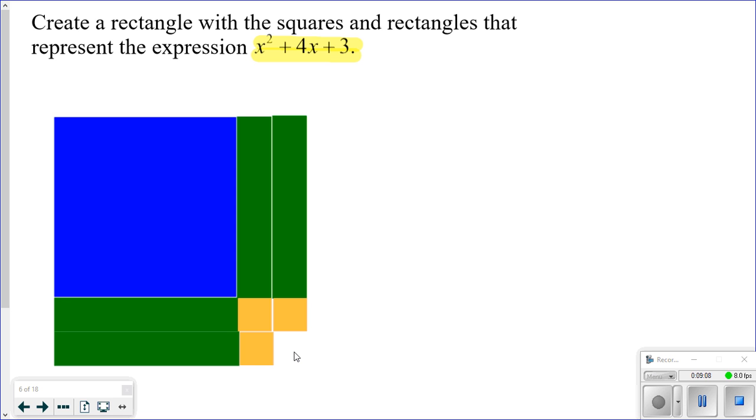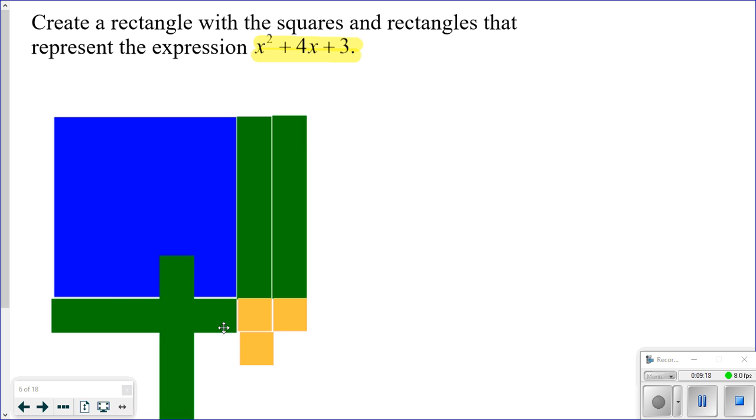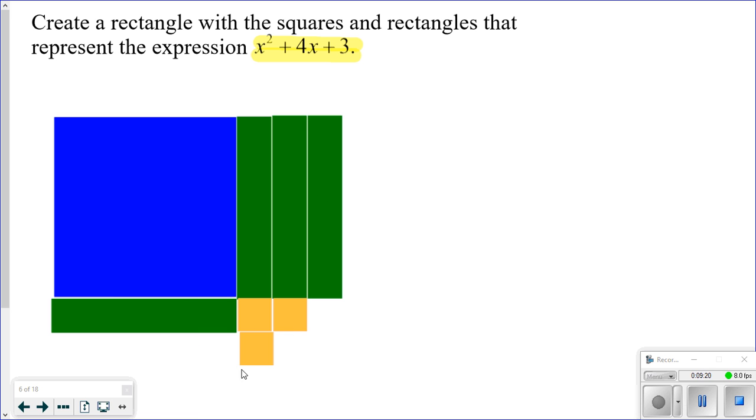So let's see if I can move. Maybe if I take this one and move it over here, fill this in right here. Now it's a perfect rectangle. I have no spaces. Okay, so let's write out what the top and what the sides are.